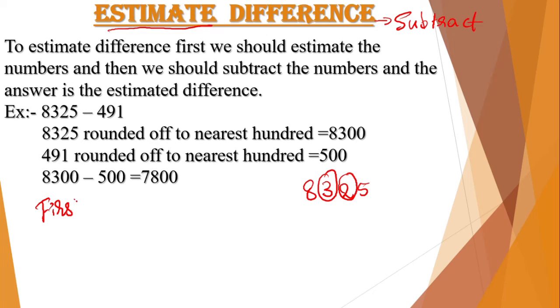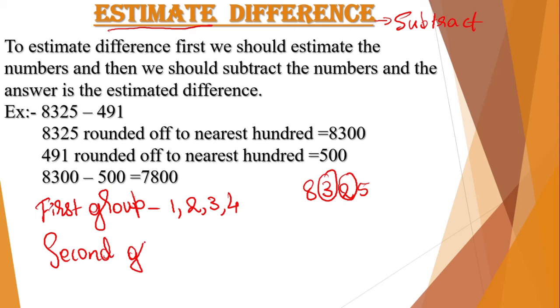So in the first group, we have 1, 2, 3 and 4. And in the second group, we have 5, 6, 7, 8 and 9. So as you all can see, 2 is in the first group.